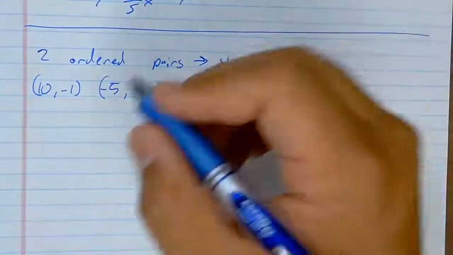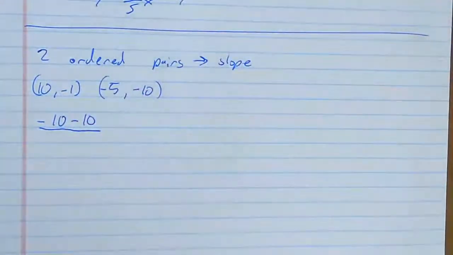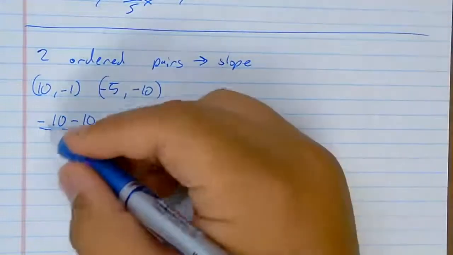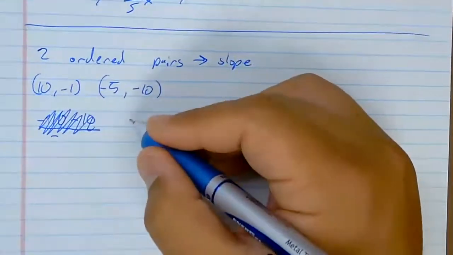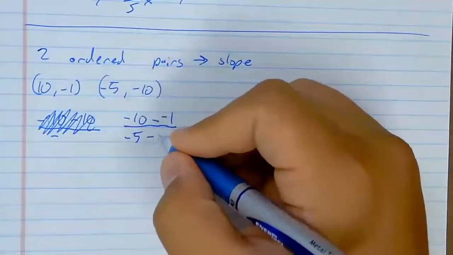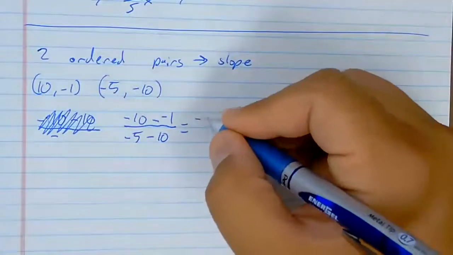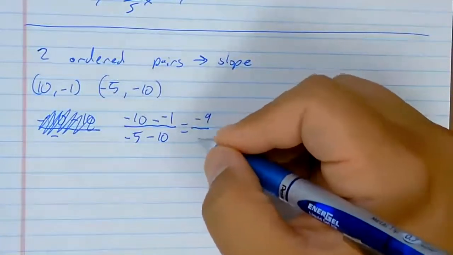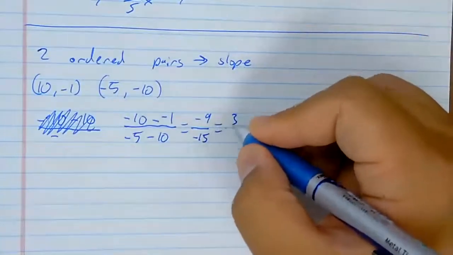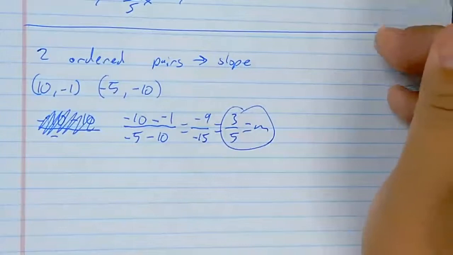Given these two ordered pairs, we use the slope formula: negative 10 minus negative 1 over negative 5 minus 10. Negative 10 minus negative 1, that is negative 9. Negative 5 minus 10, that's negative 15. And what do you know? That reduces down to 3 over 5. So m equals 3 over 5.